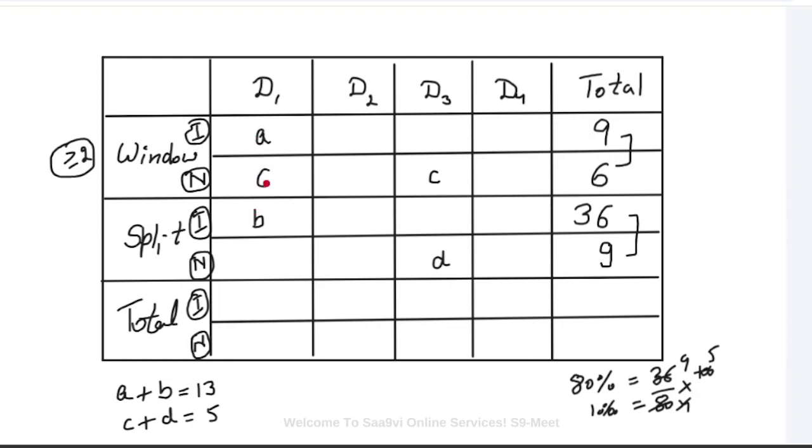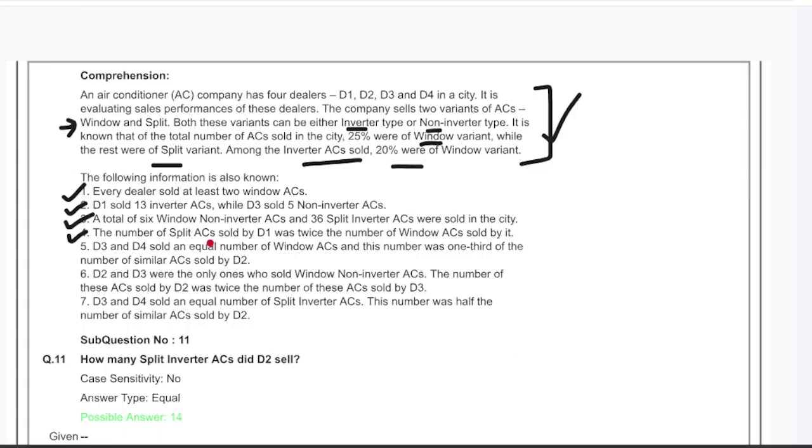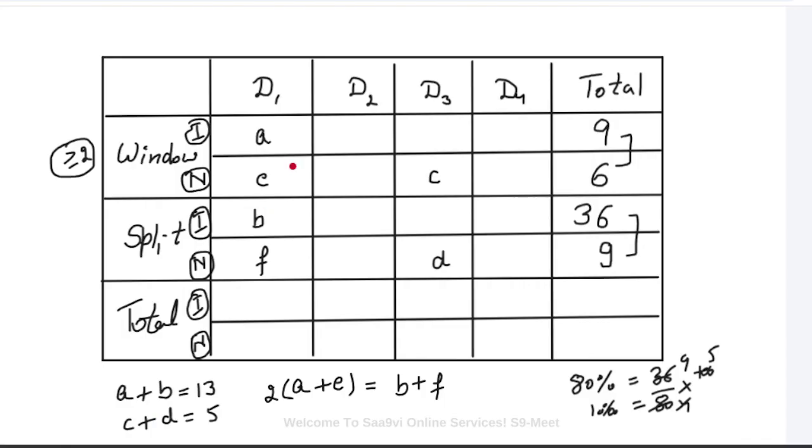Let's say this is C, sorry, C we have already written, A, B, C, D, let's say this is E, and this is F. That means A plus E, twice of this, should be equal to B plus F. We are writing alphabets, so we don't need to go into details again and again. It's the best method to solve a puzzle in a very quick way. Now this line is also on the next line. D3 and D4 sold an equal number of window ACs.